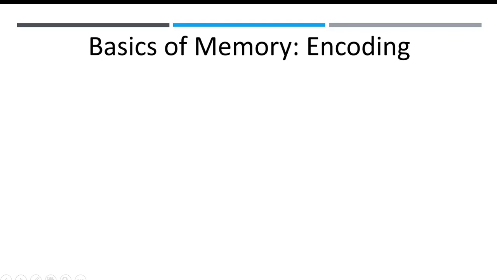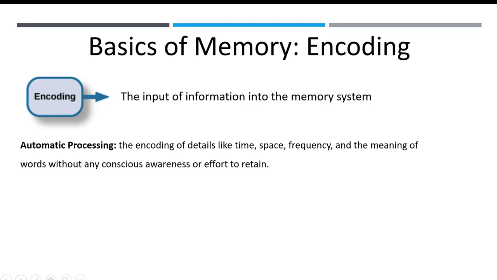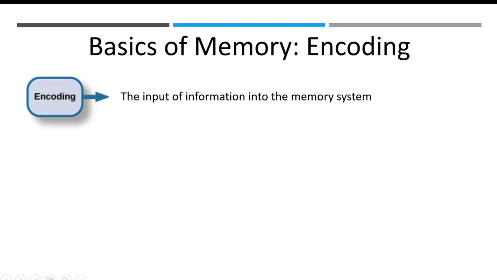The first basic element of memory is encoding, which is the input of information into the memory system. Once we receive sensory information from the environment, our brain labels and codes it, and encoding information occurs either through automatic or effortful processing.